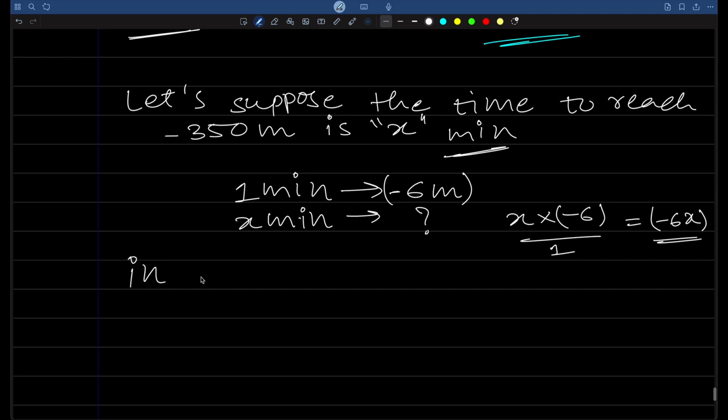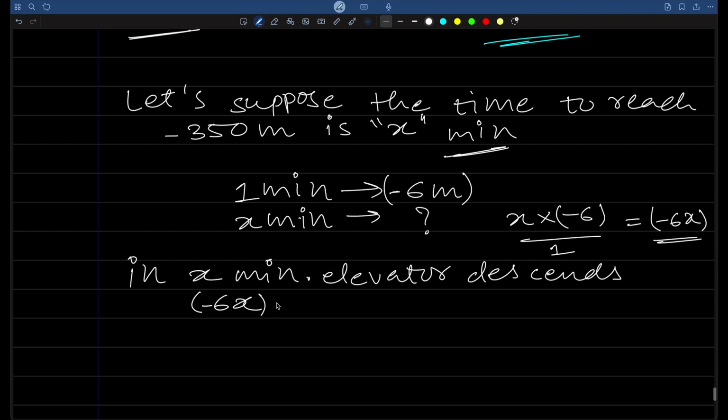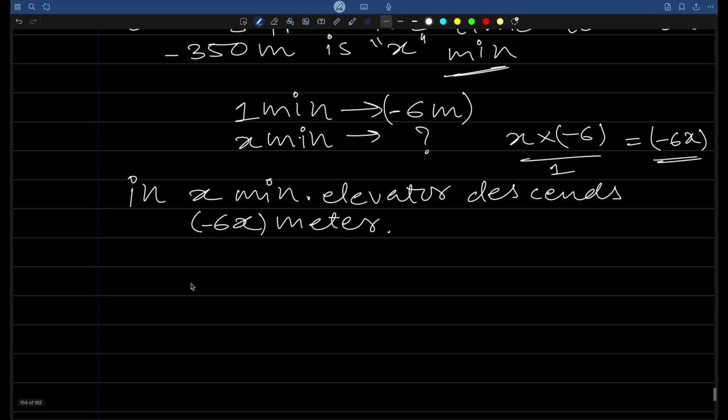We can write in x minute the elevator descends minus 6x meter. We have to find the x. So initially the elevator was at plus 10 meter above the ground.